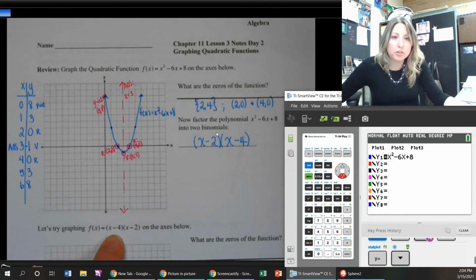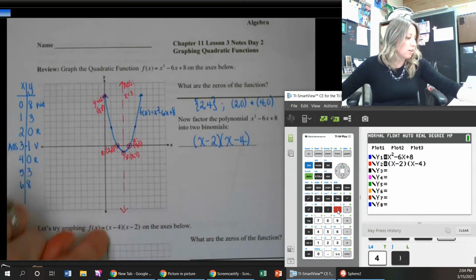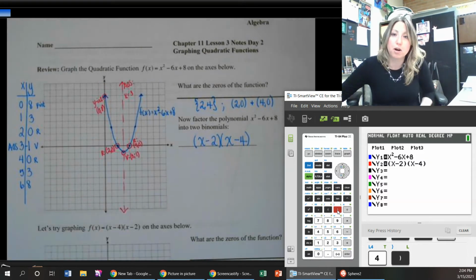Of course, I have my binomials ordered differently, but we know that multiplication is commutative, so it doesn't matter the order in which I multiply the binomials together. What matters is what's inside the binomials, making sure those are the right signs and the right numbers. And then press graph to see it.